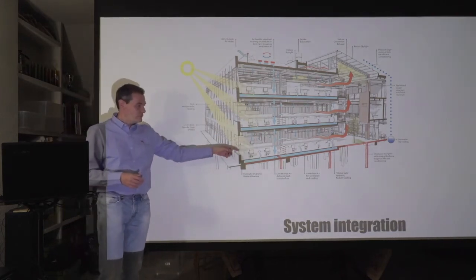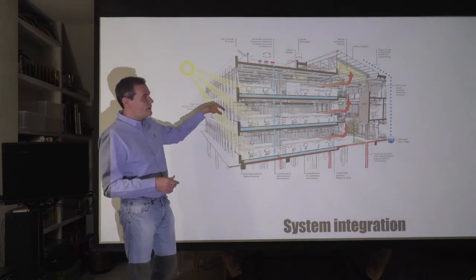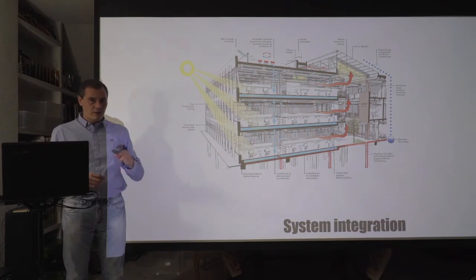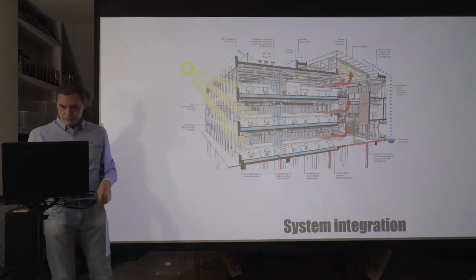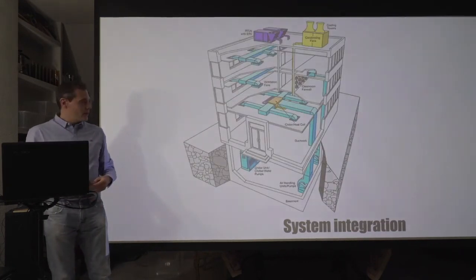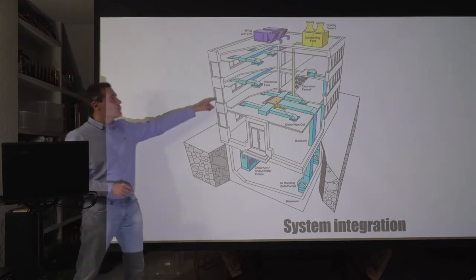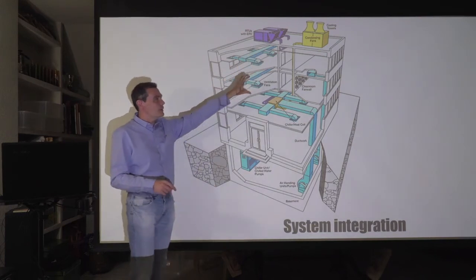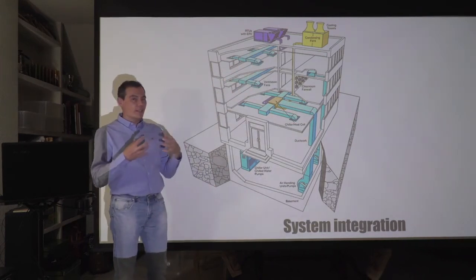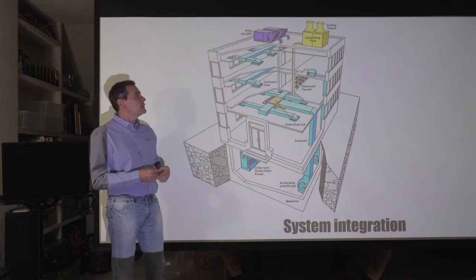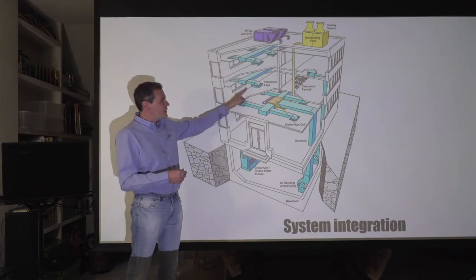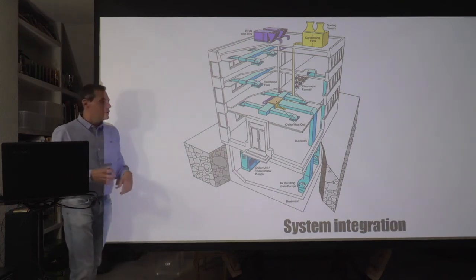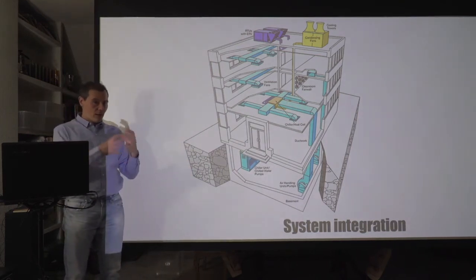The building systems, but also the sustainable strategies that we learned last year and that you should remember. So that's another example. Here on the roof we have the energy generating devices, and here we have ducts going through the building to provide that building with fresh air at the right temperature.